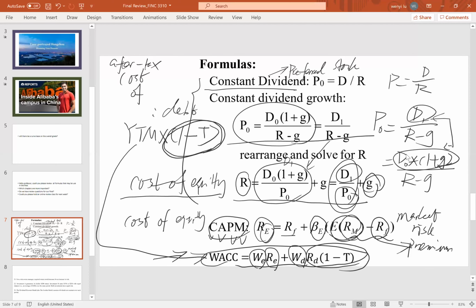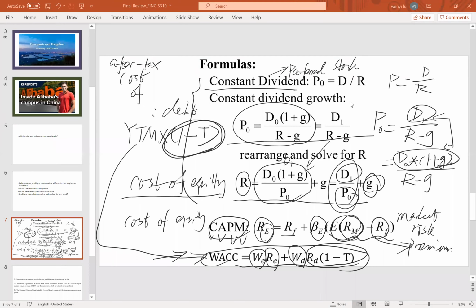This is the weighted average cost of capital formula. It helps us summarize all the costs into one comprehensive formula. That's the most important formula for corporate finance, so we will have some questions in the final to apply the WACC formula.